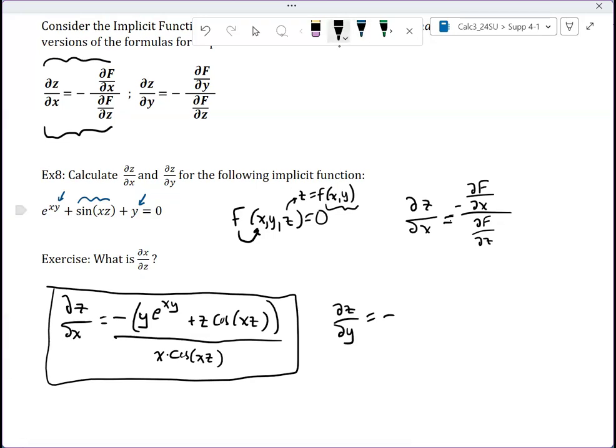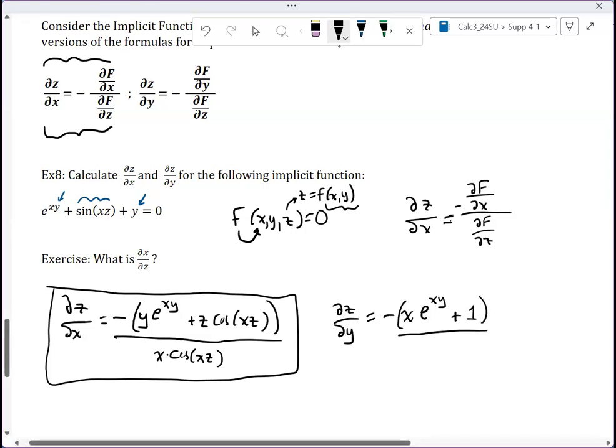So I differentiate e to the xy with respect to y, which gives me e to the xy times x. The second term differentiates to 0, and the third term differentiates to just a plus 1. And I divide by partial f with respect to z, which is the same as it was before.